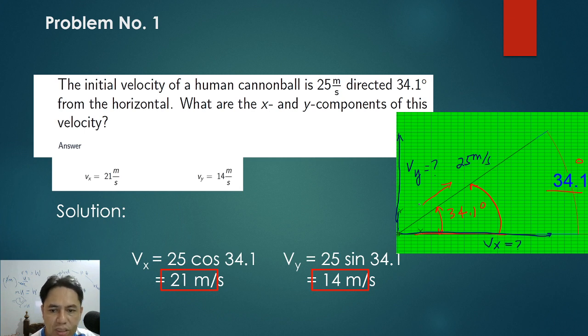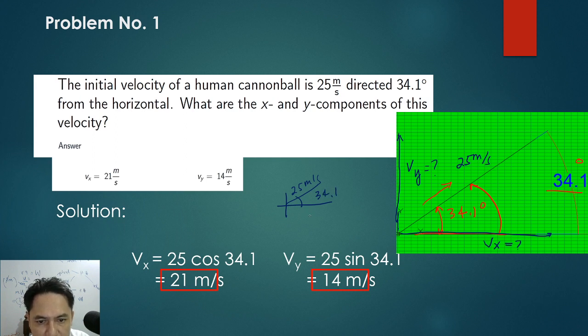Okay, so how do we get that? We have the angle. So what is that function that we're going to use so that we can find the value of x? We have this angle, and the resultant is 25 meters per second, and the angle here is 34.1.